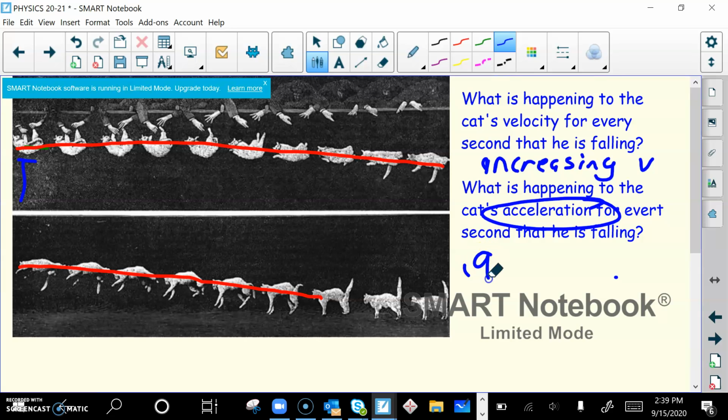It's 9.8. Okay, the acceleration on Earth is always going to be 9.8. So it's constant. Yes, he is going faster, but that rate of increasing speed is going to be 9.8.